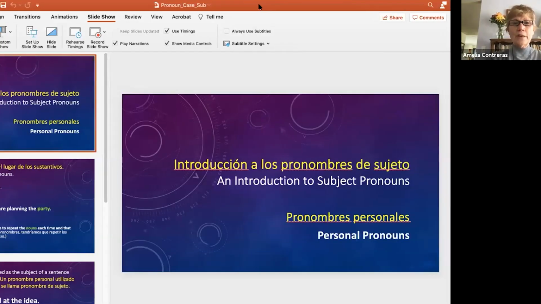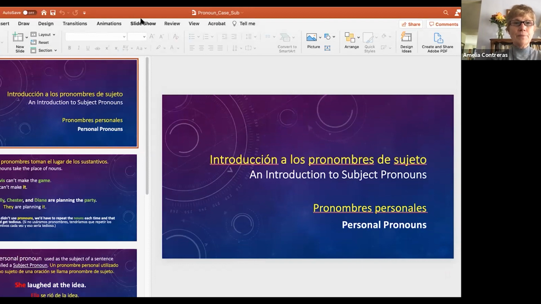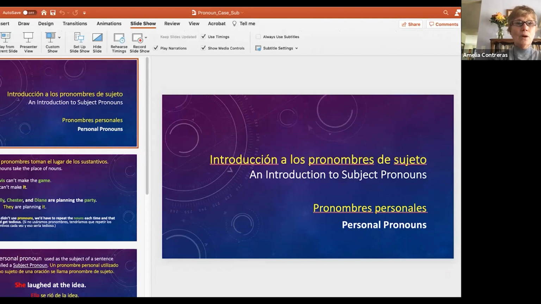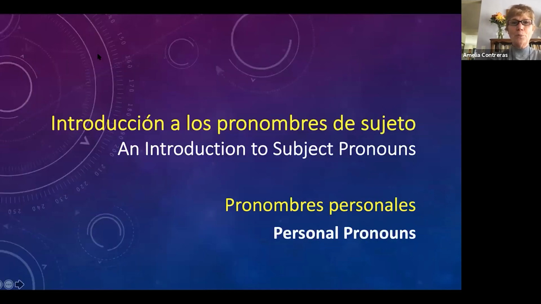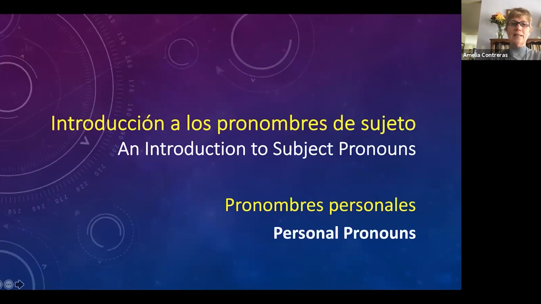And while I read the English translation, you can read the Spanish or the English, whichever you prefer. This moves so quickly. Okay.